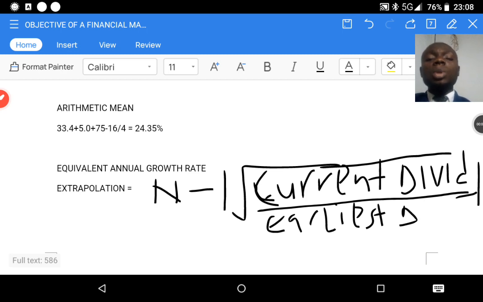So how do we calculate the extrapolation? It is usually n minus 1, where n is the number of years. The current dividend is the latest dividend, the dividend that was paid in the current year, while the earliest dividend is the dividend in the earliest year.